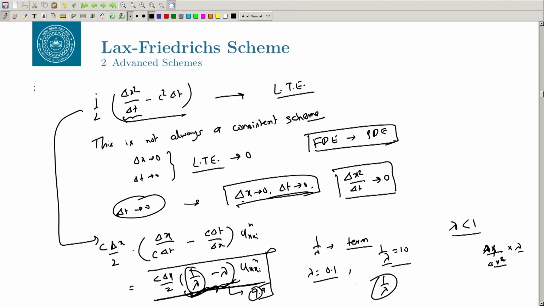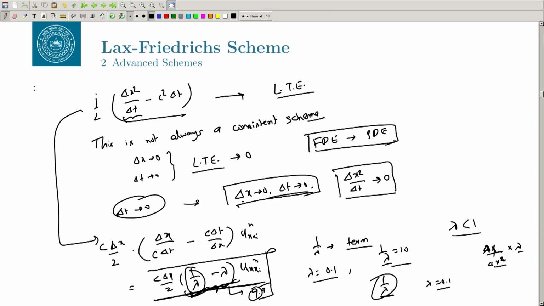That is why this Lax-Friedrichs scheme is very highly dissipative, and I will show you some results with it. In fact, I will show results with all the schemes that we are discussing and compare with FTBS, FTCS and so on. If you choose a very small lambda value, your dissipation is very high.